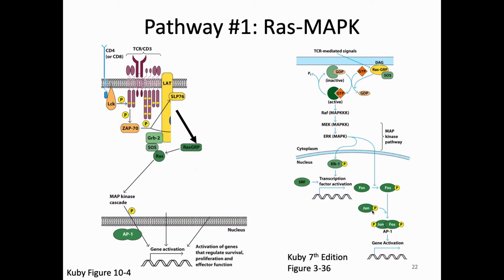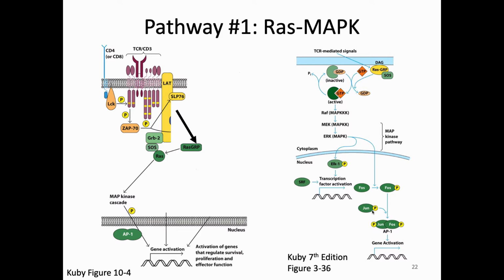And so LAT activation will turn on the activation of RAS. That will turn on RAF. RAF phosphorylates MEK. MEK phosphorylates ERK. ERK phosphorylates FOS. And so this is sort of what happens in that pathway.